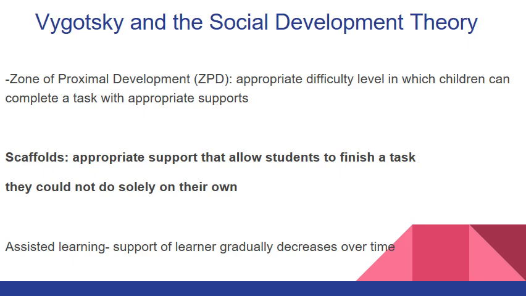Vygotsky advocated for assisted learning and also advocated that eventually this assistance would gradually reduce in quantity. So in the beginning stages of a lesson, the teacher would provide lots of scaffolds and support.